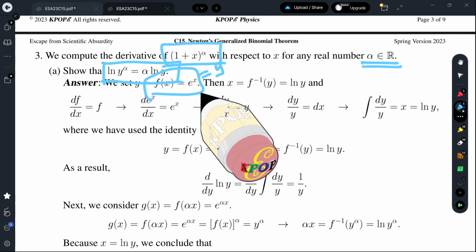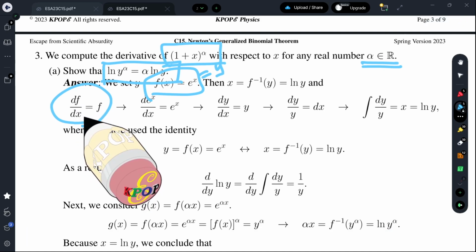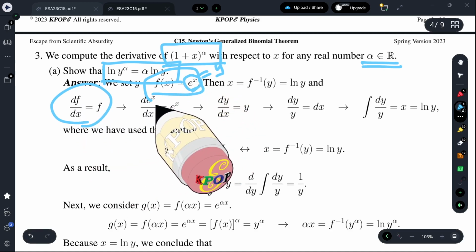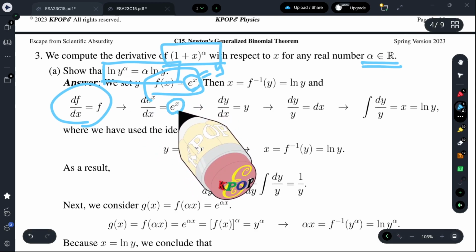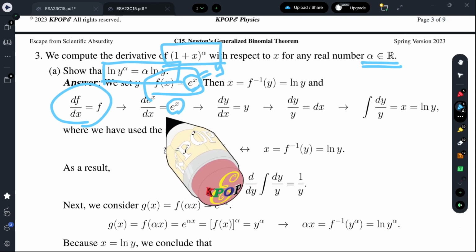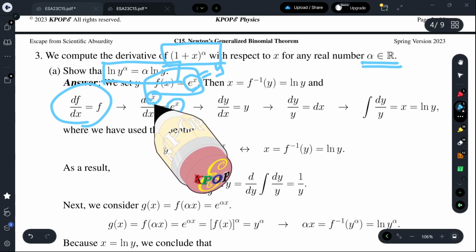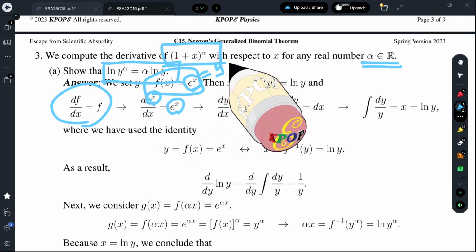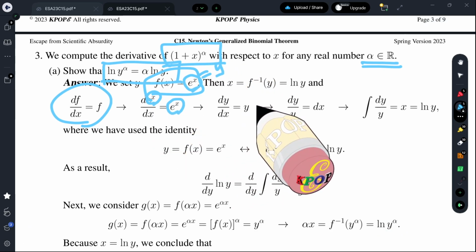Okay, what is the derivative of f? The derivative of f is nothing but the exponential. The exponential's derivative is the same. We can separate the variables. So first replace this one with y as defined, and y's x derivative is y.